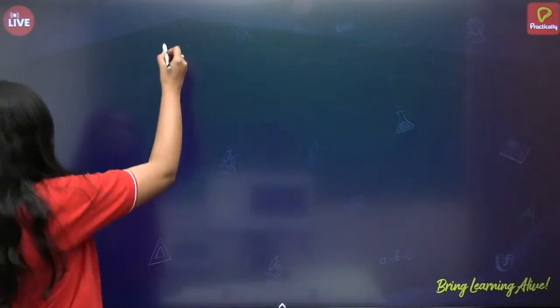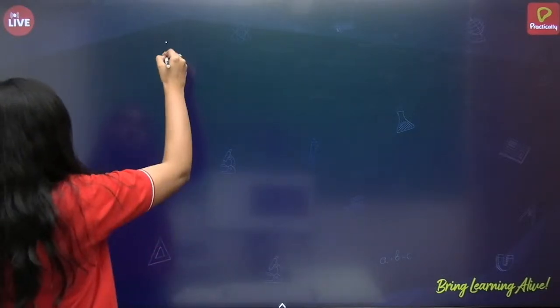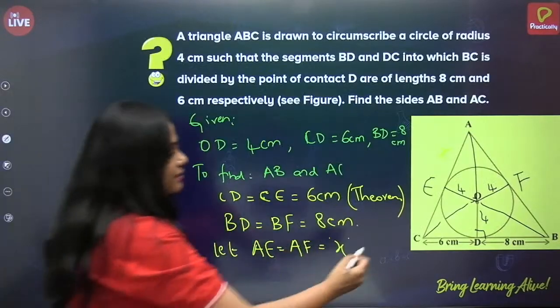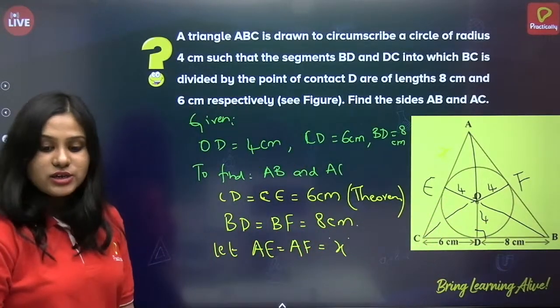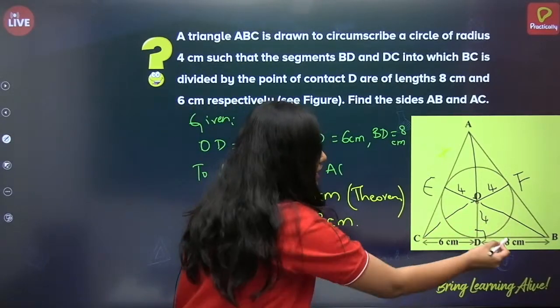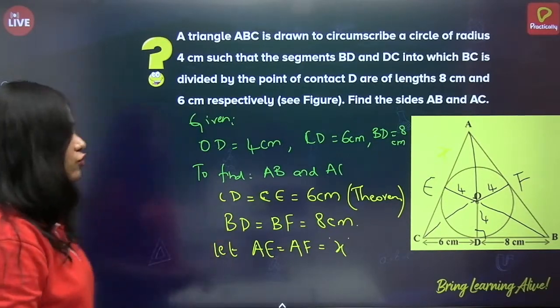Yes. So now, okay, you're not able to see. Right. So now in triangle, first let me take OBC, okay? In triangle OBC, what is the height? 4 centimeters. What is the base? 8 plus 6, 14 centimeters. So half into 4 into 14.